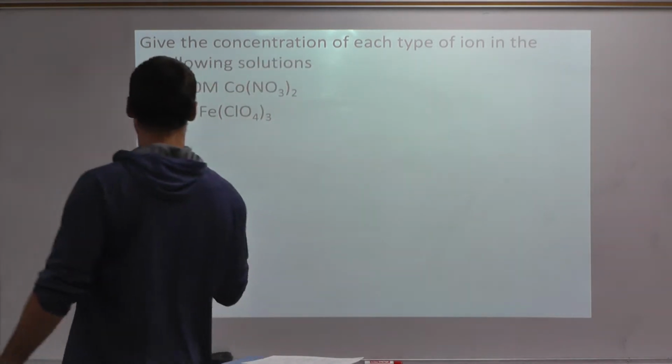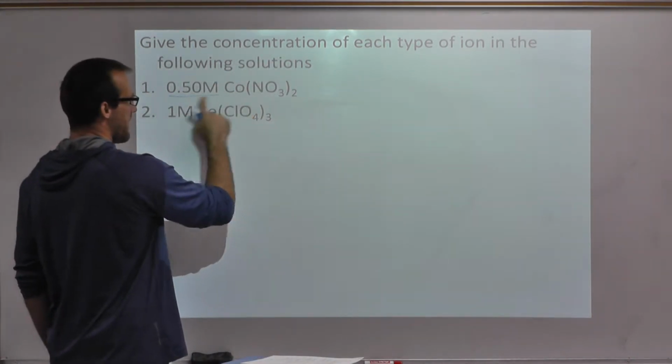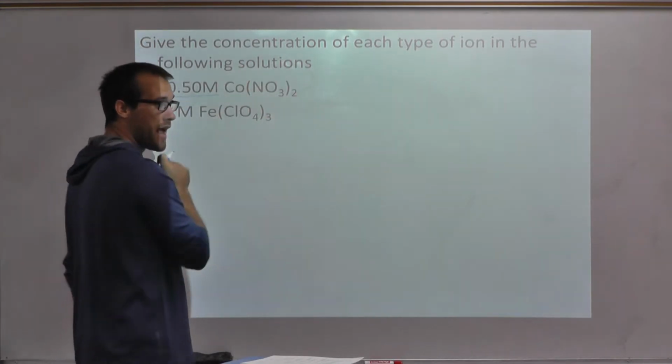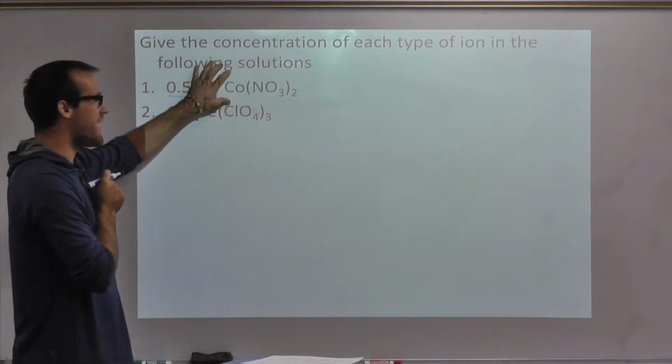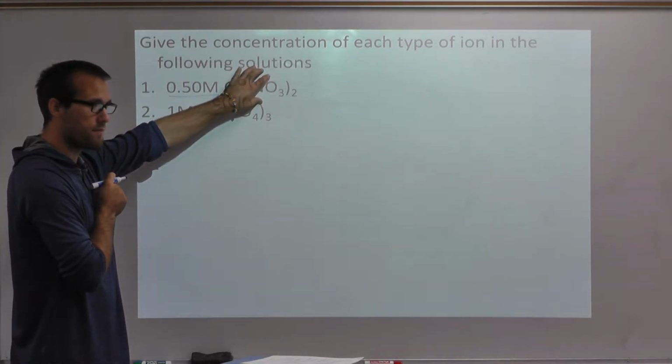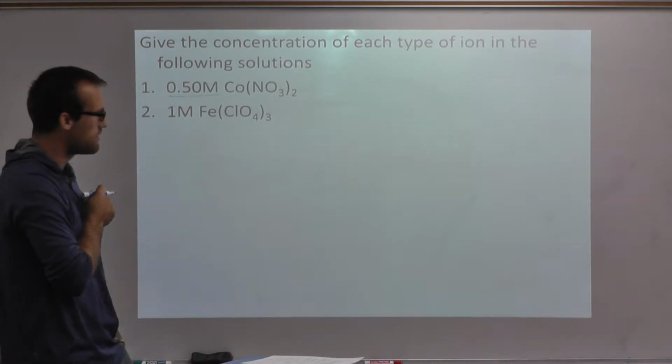So this molarity tells me that for every 1 liter of this, I have 0.5 moles of the whole thing. But there's a relationship between the whole thing and how many particles there are. So in this it wants us to find the concentration of each ion.